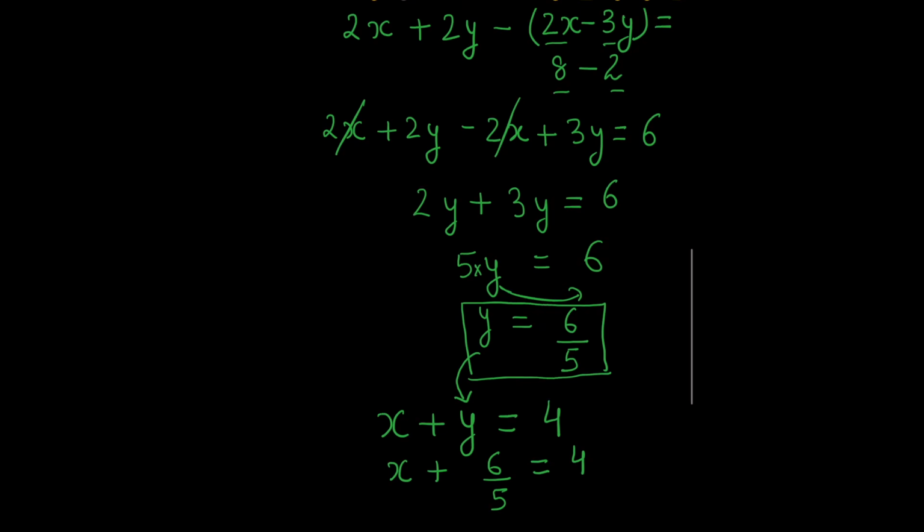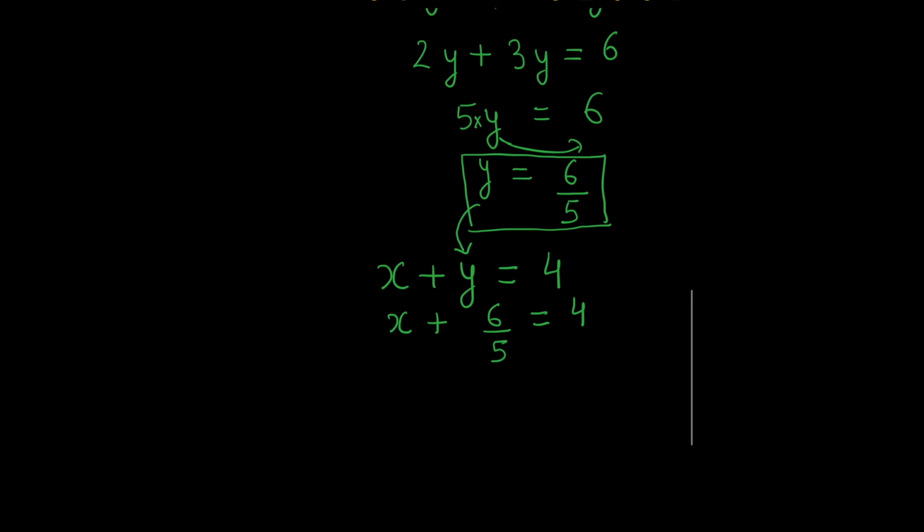Now this is an example of a linear equation in one variable. So this is the left hand side term and this is the right hand side term. And now the like terms are numbers, so you will move this 6 by 5 here. So x becomes 4 minus 6 by 5.